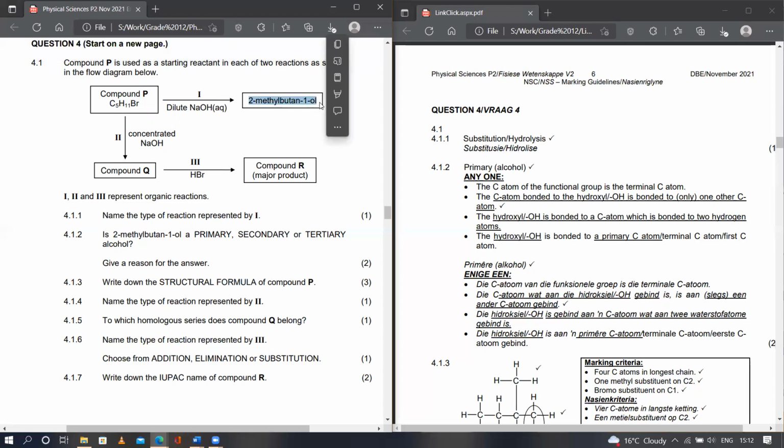So it's gonna form an alcohol from the haloalkane, and it's gonna be added with concentrated sodium hydroxide, which is gonna give us compound Q. Then compound Q is reacted with hydrogen bromine to give you compound R as a major product.